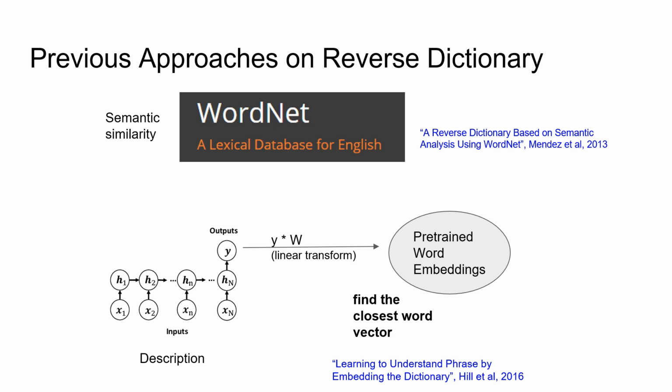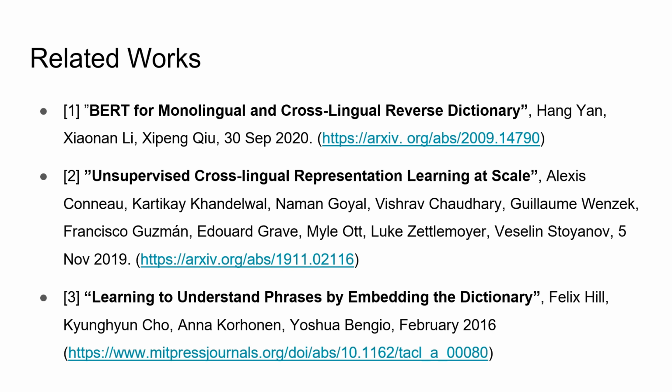They also learned a linear transformation to map the output to pre-trained word embeddings. Their purpose is to find the closest word vector, which will be selected as the target word. Here are the three most related works that use the latest techniques, and those techniques may be used for our project.